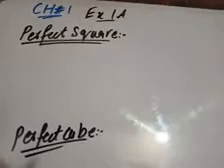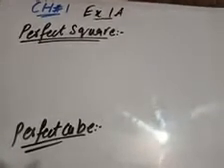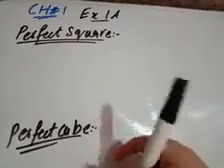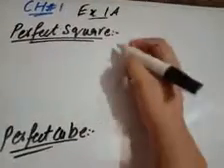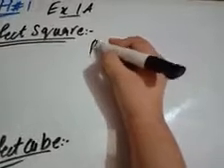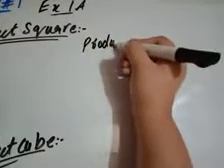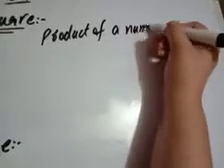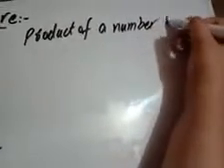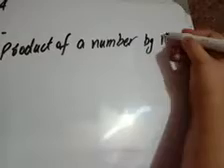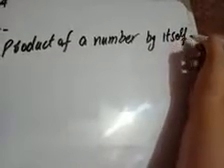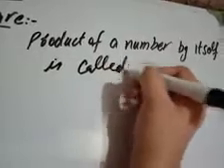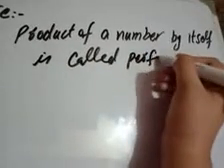Before moving toward the next question, question number 3, we just learn the definition of perfect squares and perfect cubes. Perfect square is the product of a number by itself is called a perfect square.